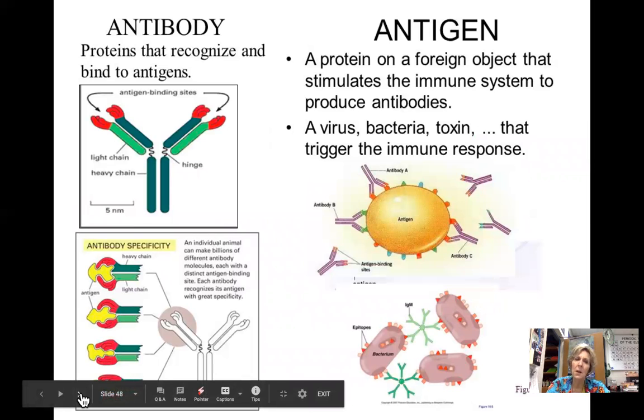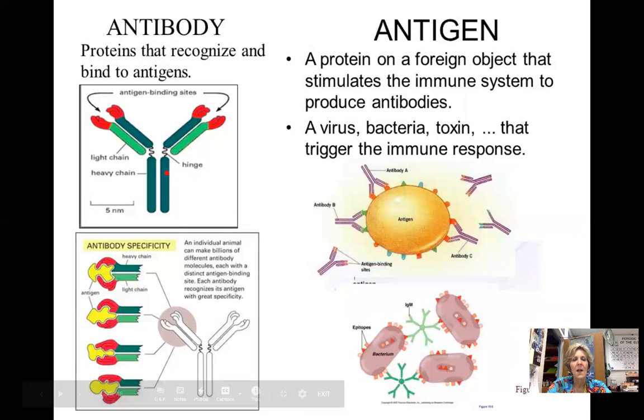So I want to talk a little bit about antibodies. Antibodies are an example of some very important proteins. The antibody shape kind of looks like a Y, and they have heavy chain and light chain proteins. That part of the antibody is always the same. But what's different is the very tip of it. The very tip of the antibody is the antigen binding site.